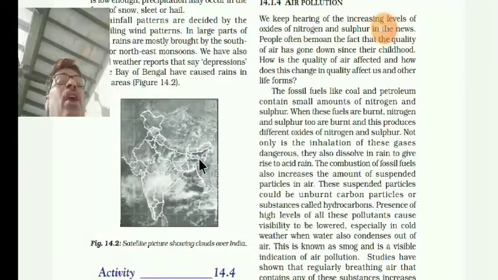The fossil fuels like coal and petroleum that we are using contain small amounts of nitrogen and sulfur. When these fuels are burned, they produce oxides of sulfur and nitrogen, such as nitrogen dioxide and sulfur dioxide.